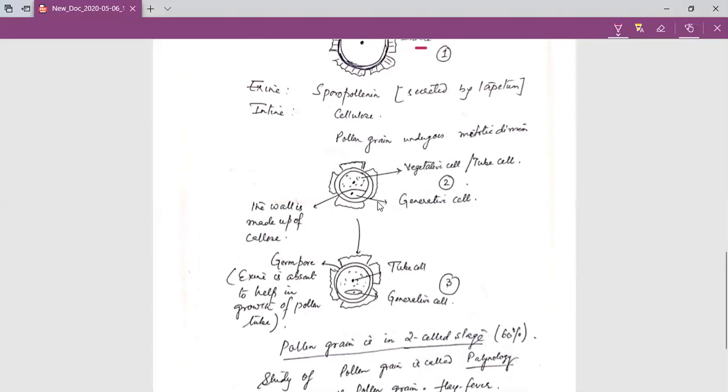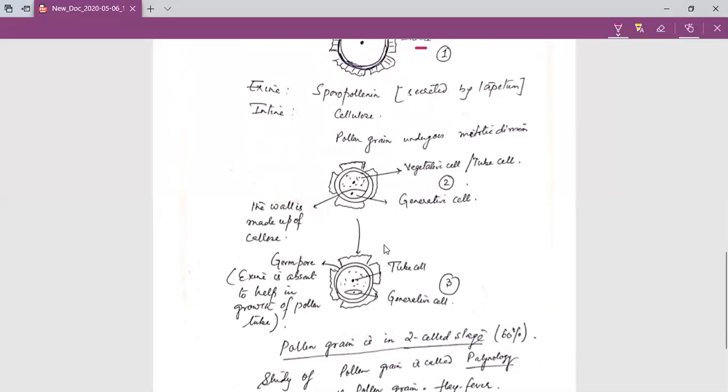Okay, so we have discussed microsporogenesis, which started from sporogenous cells present inside the microsporangium. The sporogenous cells turn into microspore mother cells. Microspore mother cells undergo meiotic cell division. After meiotic cell division, it forms a tetrad, that is the microspore tetrad.